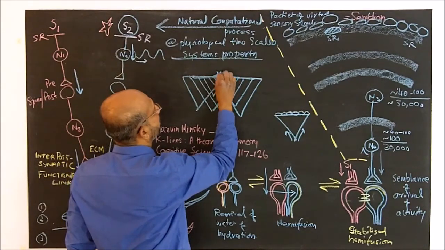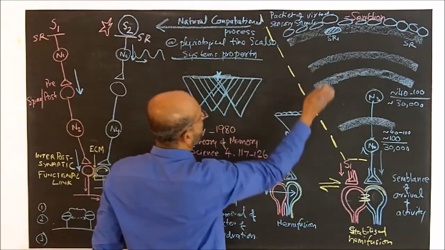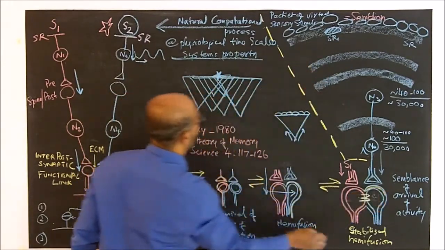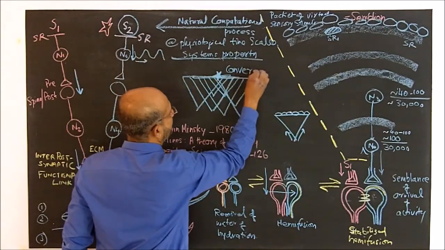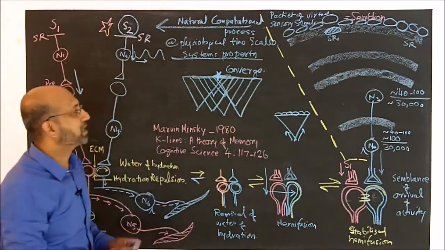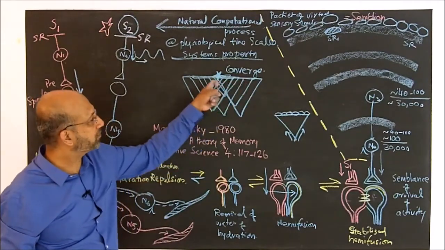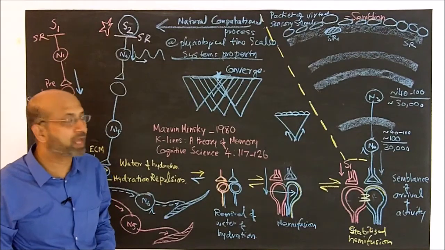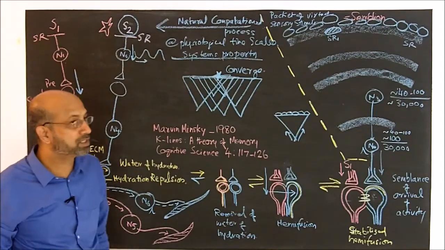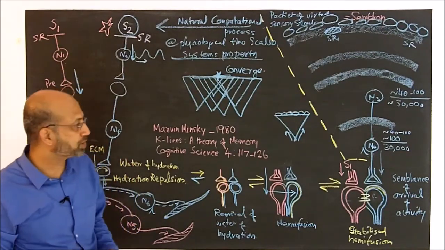At least it should be an area where semblyons from different interlinked postsynaptic terminals should converge. At least convergence of semblyons at one location is one of the likely properties of that computational process. But still we don't know what exactly the computational process is.